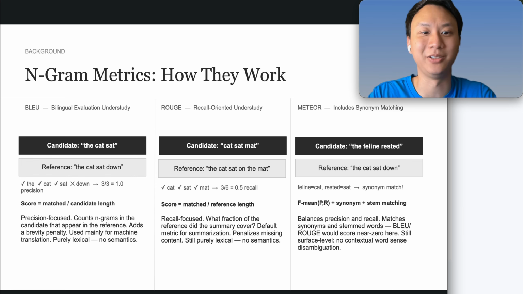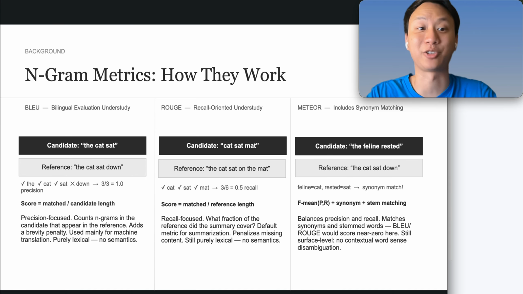And so here you see that it produced a great score, but it does not actually have everything in the correct response, right? It doesn't have the word down, right? It has the cat sat, and the actual answer key has the cat sat down, and it's missing that word down, but because of the way it's scoring, it's only looking at how many within the candidate response are correct, right?